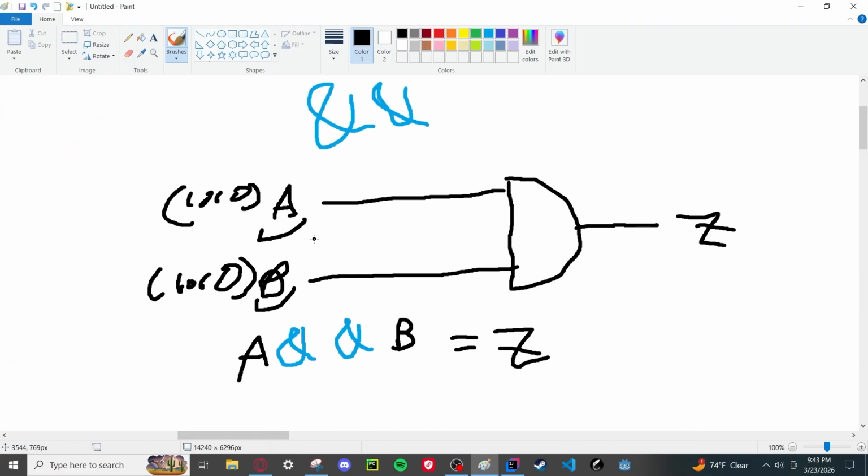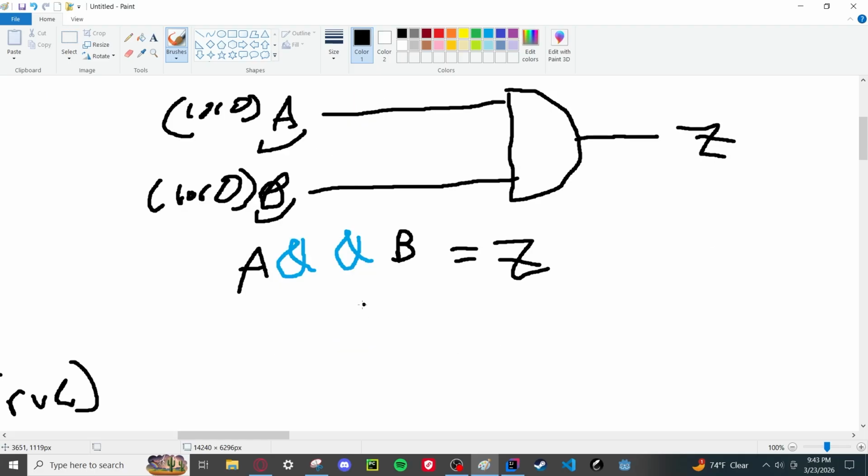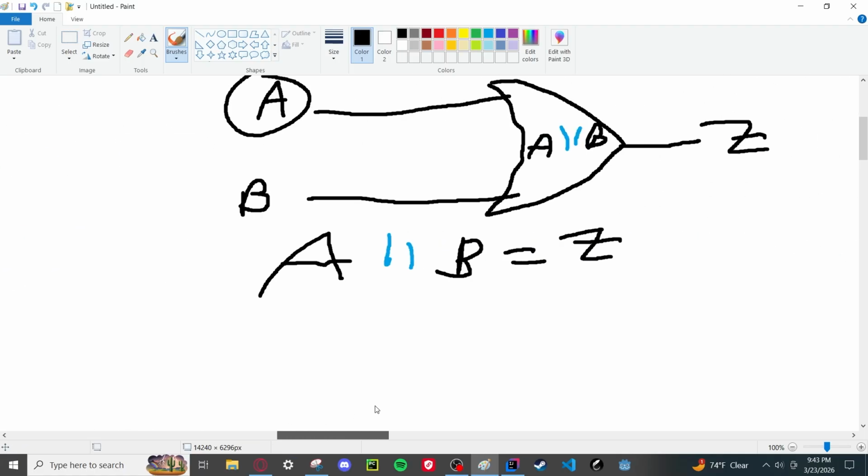So the little bottom statements that I've written for these are things we can call logical statements. They're logical statements, they're just an expression, kind of like mathematical type. A and B is equal to Z. Because you can see that A and B, whatever output that is going to go directly towards Z. Same concept here.